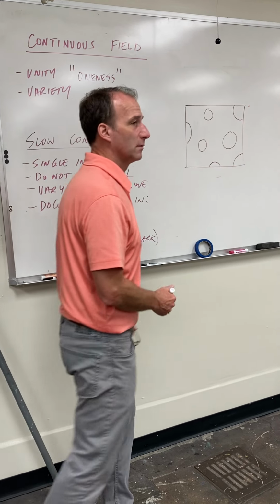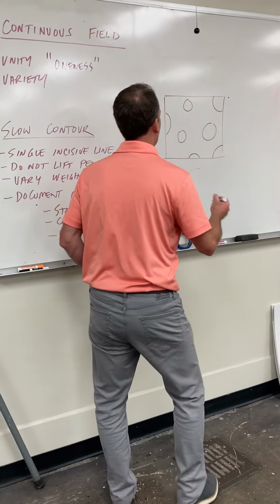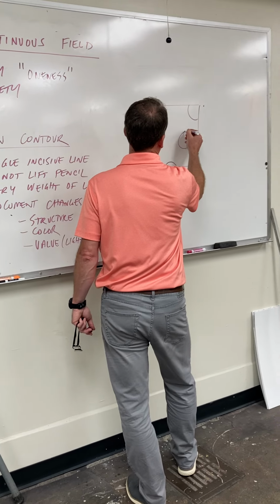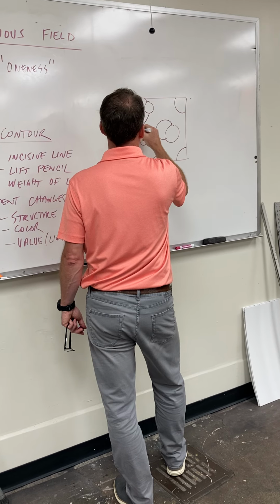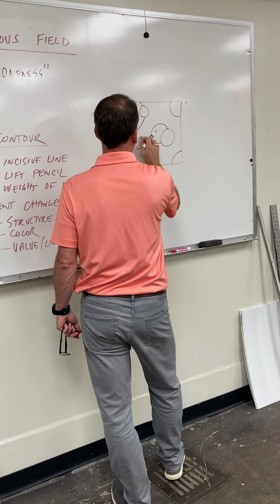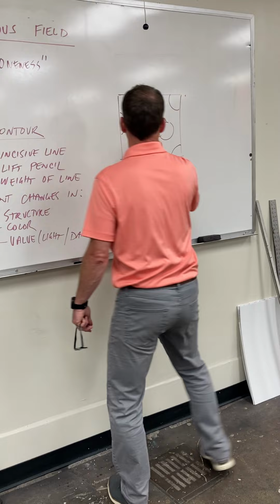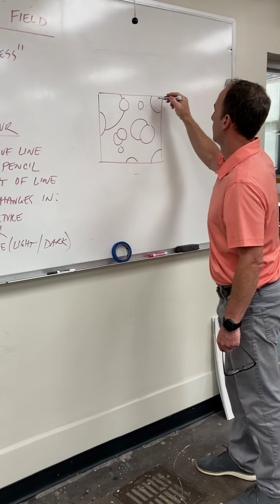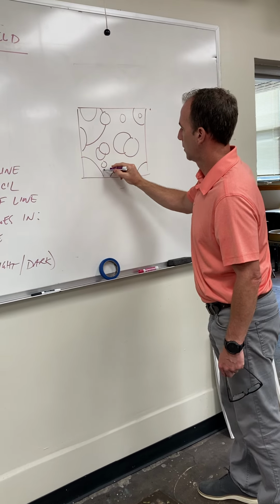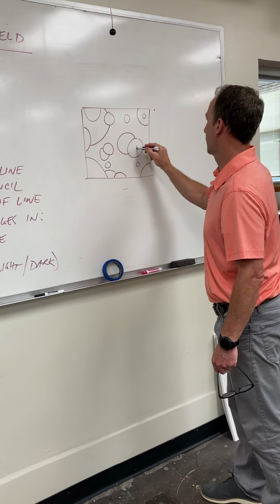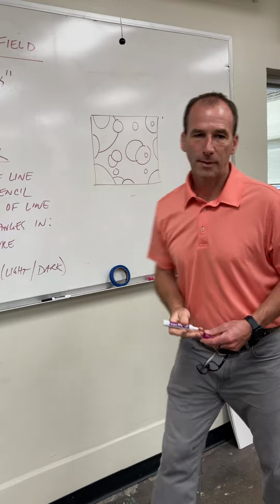So I go back to the studio and I start to incorporate maybe overlapping. I also change the scale of things. Okay, so I add a few more things, and I go back to Connor.